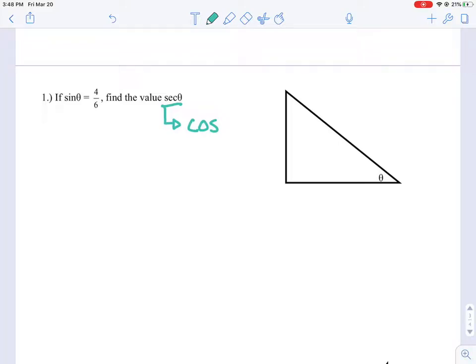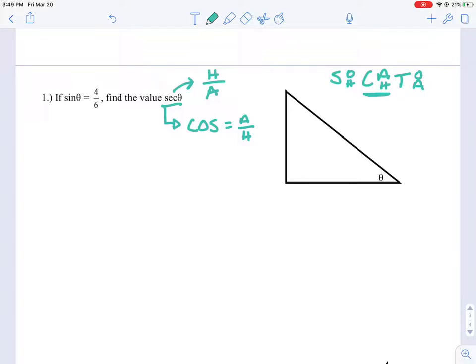So cosine, and if I write SOHCAHTOA, cosine is adjacent over hypotenuse. So secant, I'm just going to write this all down to organize my ideas. Secant is going to be the reciprocal of that. So hypotenuse over adjacent.